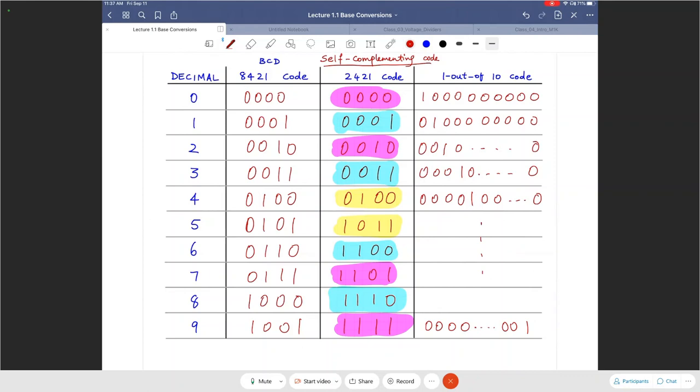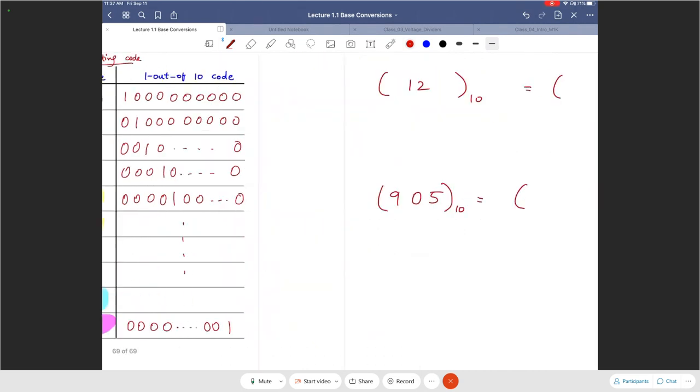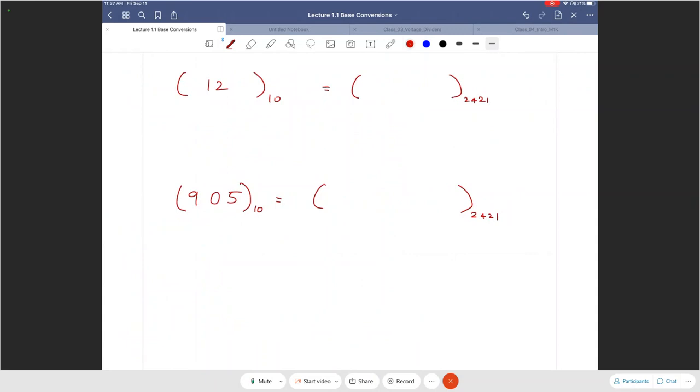So those are 3 codes that you can use to represent decimal numbers. Let's do some examples. How do I represent 12 in decimal using 2421 code? I need a 1 and I need a 2. Okay, what is the symbol?